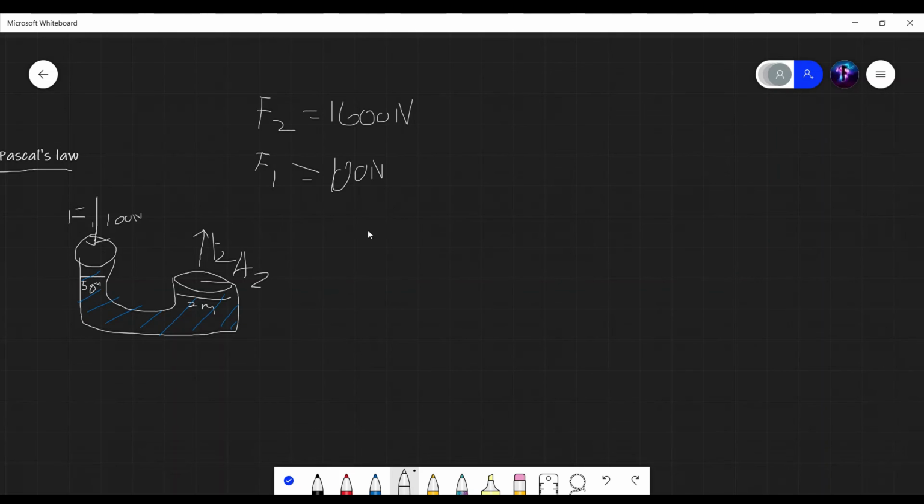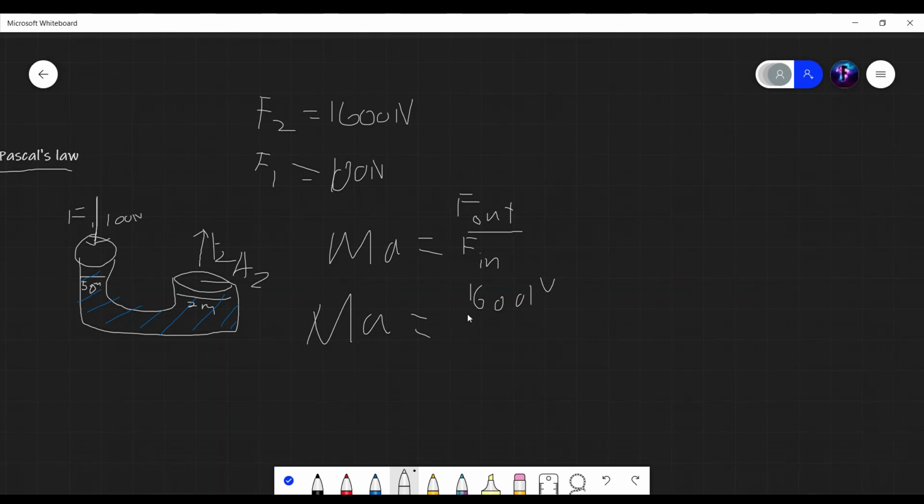To find it, MA, which is mechanical advantage, is equal to the force coming out, which is F2, over the force that's going in, which is 100 newtons.